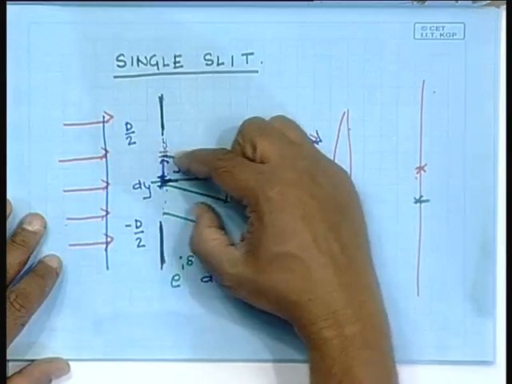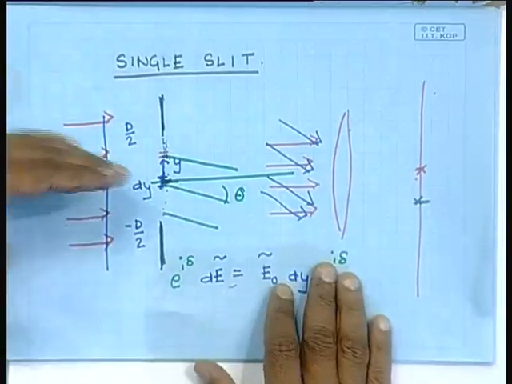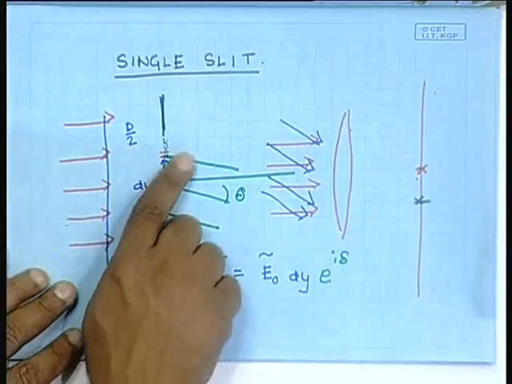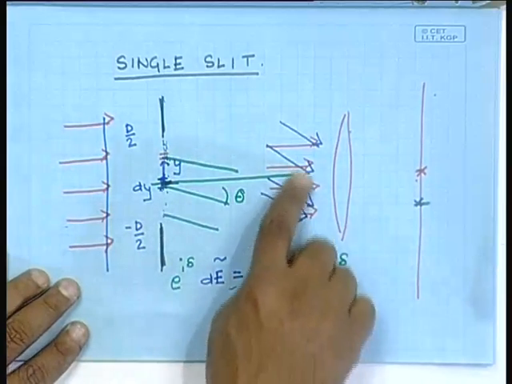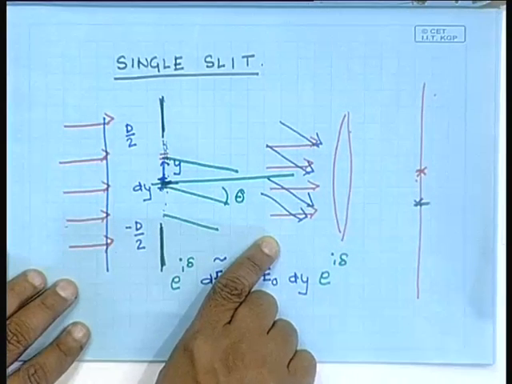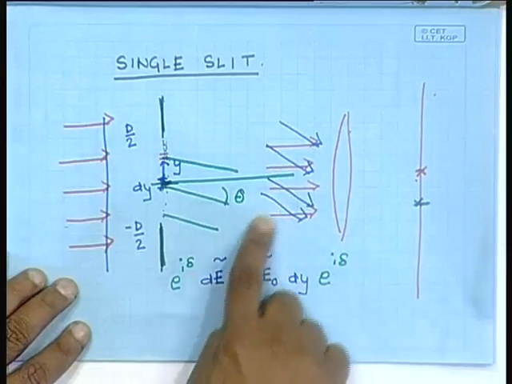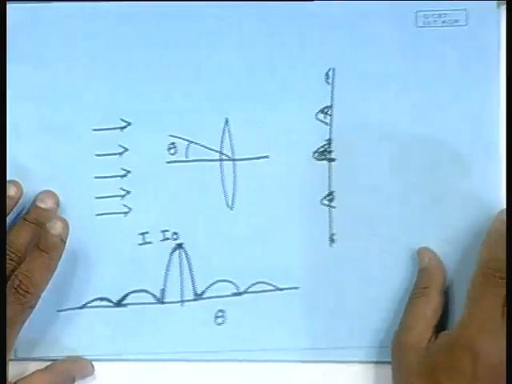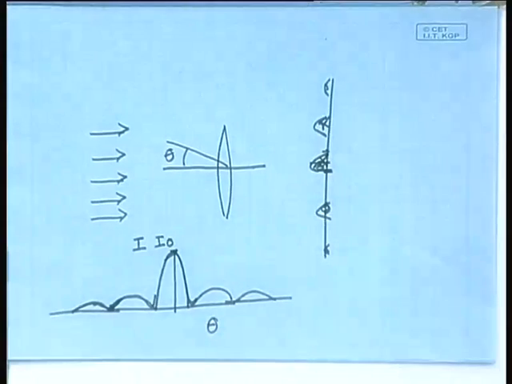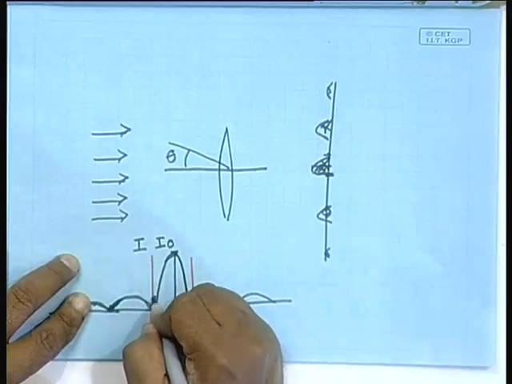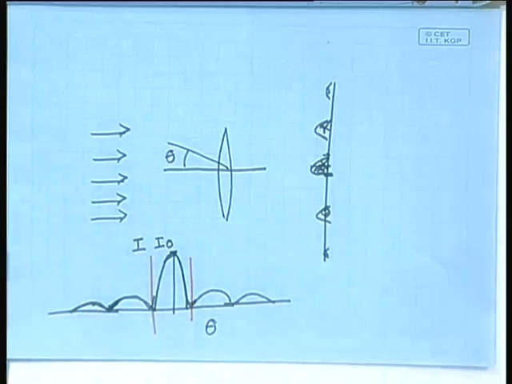The wave that comes out, the plane wave which is incident, is all in one direction. When the wave comes out, there will be a spread in directions. Let us ask the question, what is going to be the spread in directions? The spread in directions you may think of as being this much.